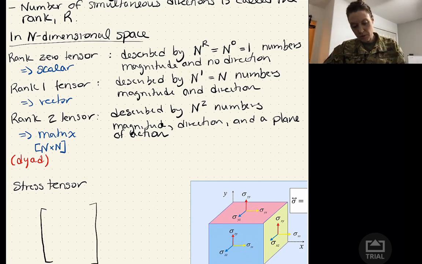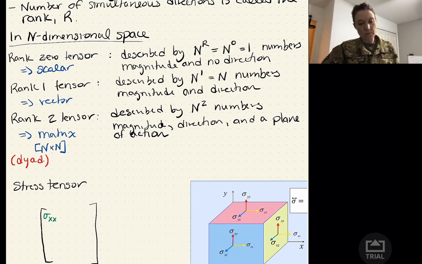and I'm going to use the notation in this drawing here. So the x face, the first index, or the first subscript, represents the face that we're on. So in sigma x, the first x represents the face. I just told you that was the x face.